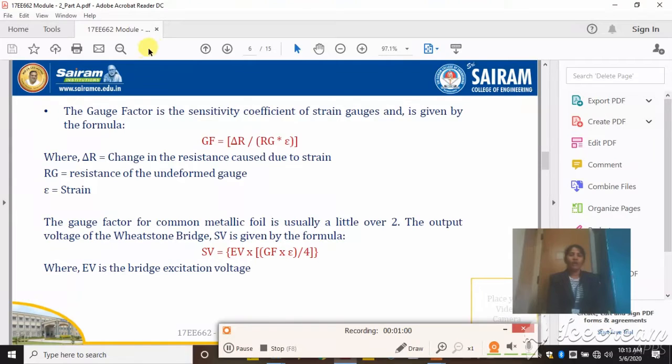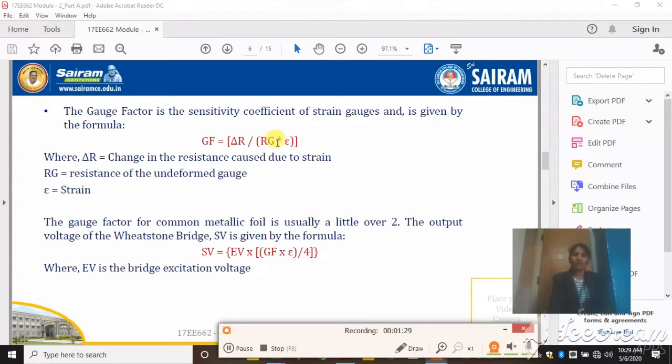Now, as we discussed, the strain is identified by using a gauge factor formula. So what is meant by gauge factor? Gauge factor is defined as the sensitivity coefficient of the strain gauge, and it is given by the formula GF = ΔR/Rg divided by ε. ΔR is the change in resistance, divided by the gauge resistance Rg, when your object is getting deformed.